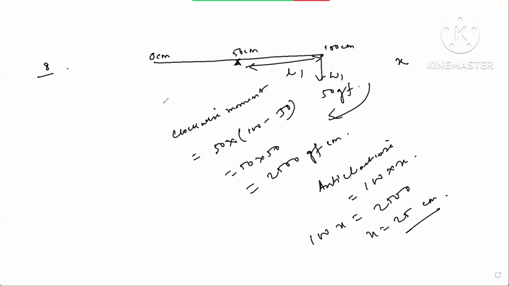So the weight of 100 gram force should be suspended at a distance 25 centimeter from the other end to keep the rule horizontal. So the 100 gram force should be suspended here to produce the anti-clockwise moment.